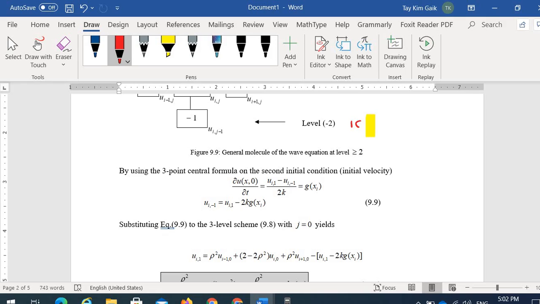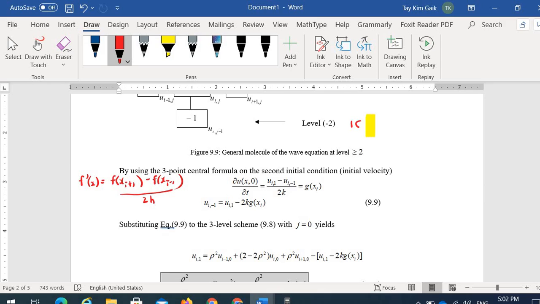Let's just consider three levels. Here delta t, this is using the 3-point central formula for the first derivative. We got f prime x is actually f(xi plus 1) minus f(xi minus 1) divided by 2.